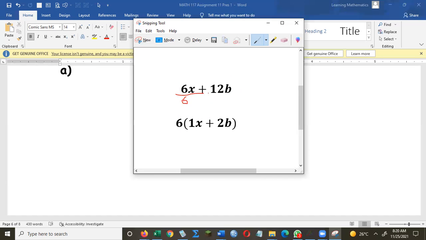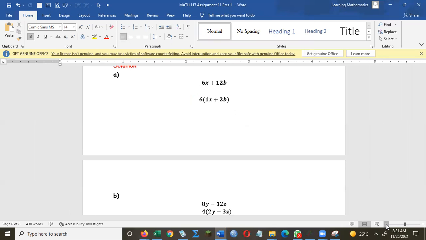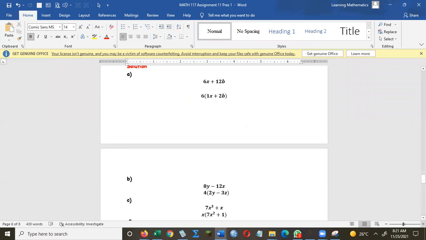Plus 6 into 12 goes 2 times, and you are left with 2b, and then you close the bracket. So this is the process of factorization.